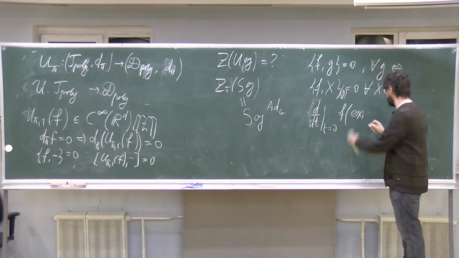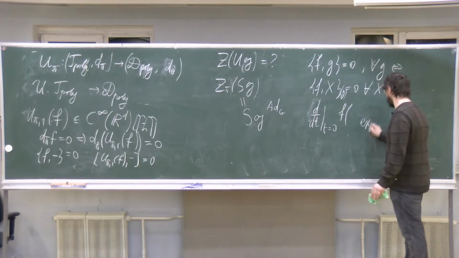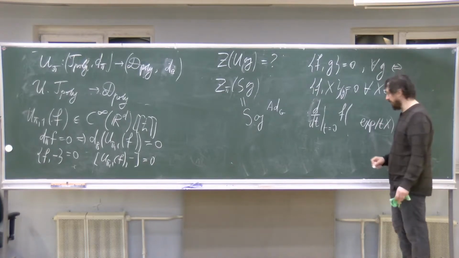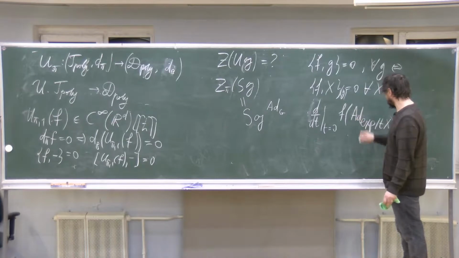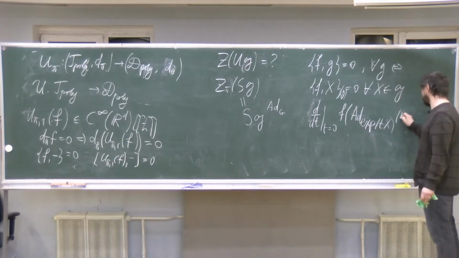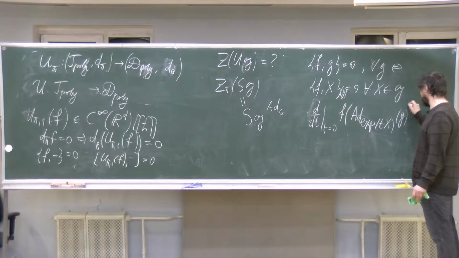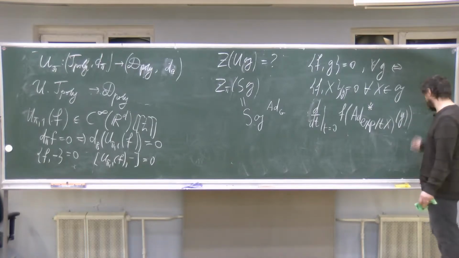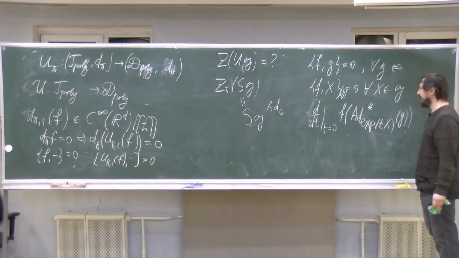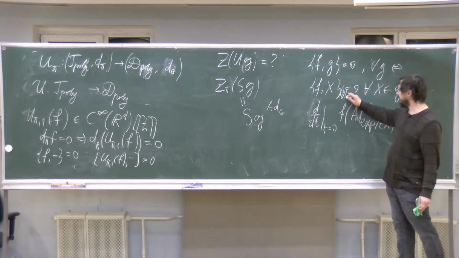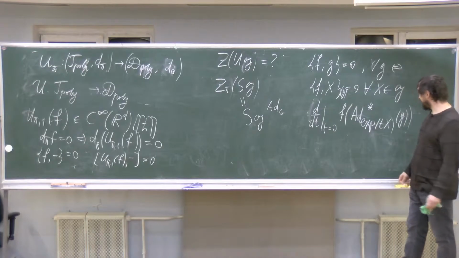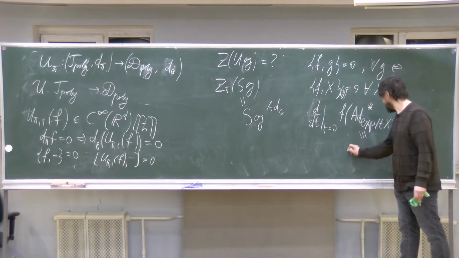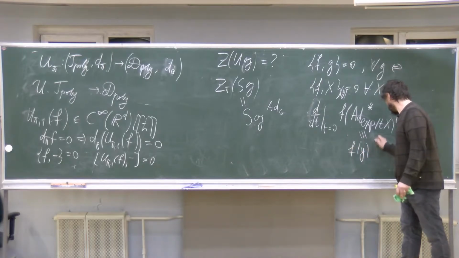Take the exponent of tx, take the adjoint action over this exponent applied to y. Rather, the dual adjoint action, right? So you have this is equal to 0. It means that this is equal to f of y for all t.